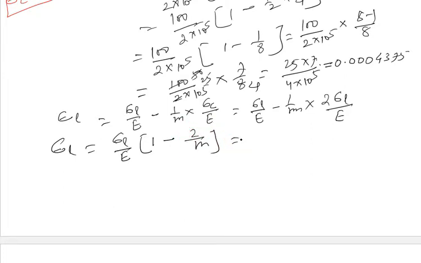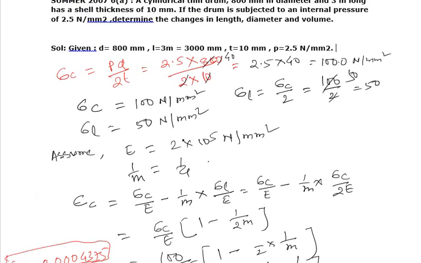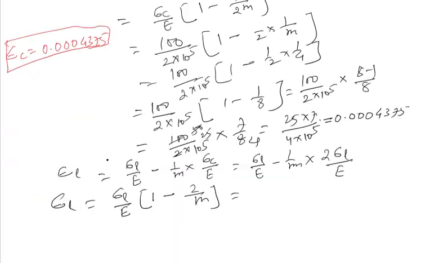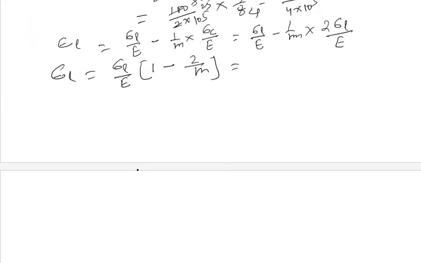And sigma L we have already calculated, that is 50. So let's put the value of sigma L: 50 by 2 into 10 to the power 5, 1 minus 2 into 1 by 4, 1 by m is 1 by 4, sorry.